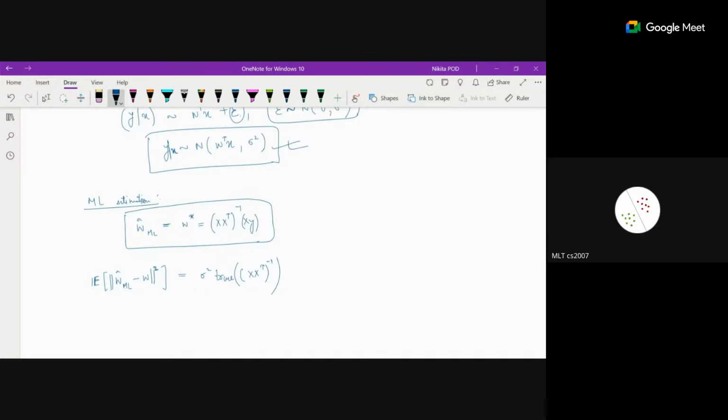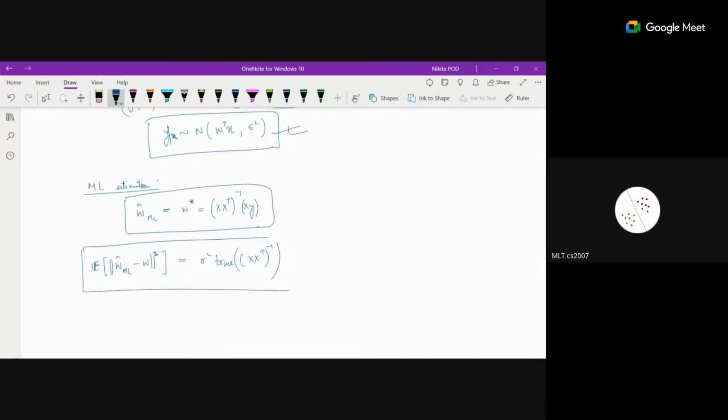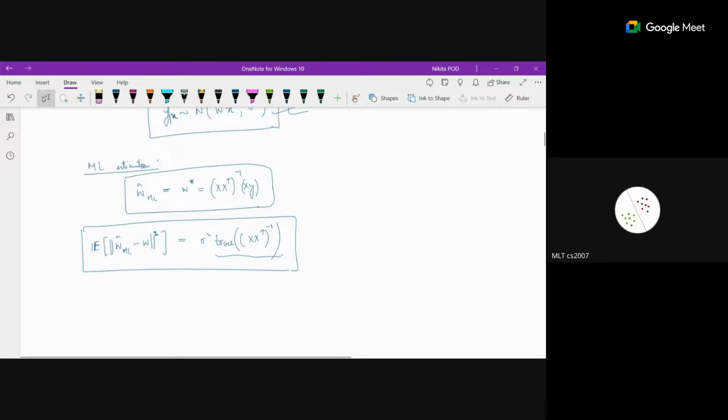This is what we found, right? So now the question is, how do we check the goodness of this estimator using sigma square and trace of (X X transpose) inverse? Sigma square is something we cannot do anything about, but here there is some scope. We would want this term to be as small as possible.